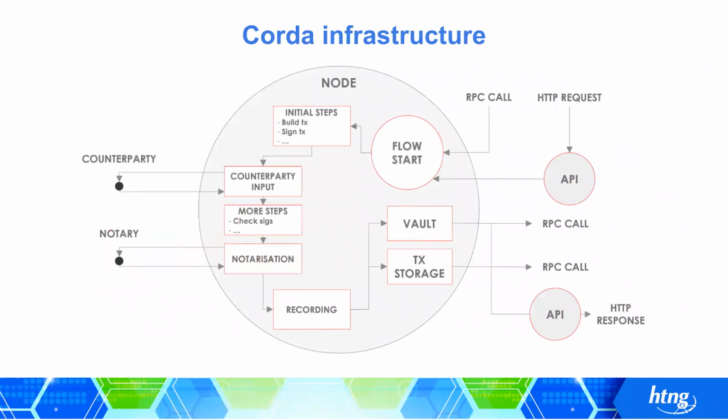Let's start an example with the Corda infrastructure. Just what exactly is going on under the hood. Let's start from counterparties. As you can see on the slide, we have a counterparty. A counterparty is some kind of client or node.